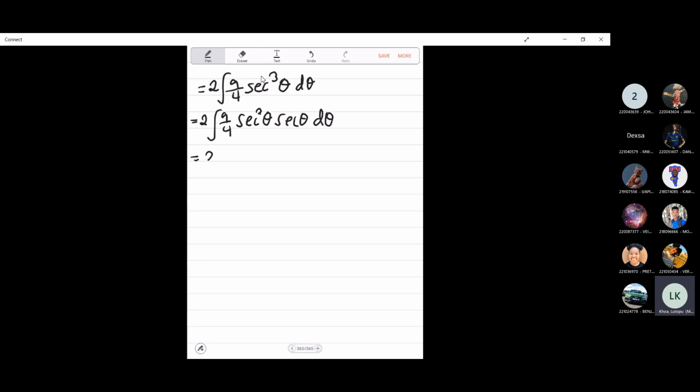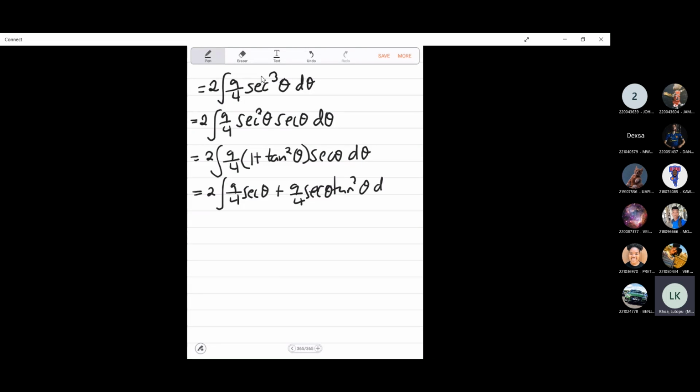And this is 2 integral 9 over 4, 1 plus tan squared theta, sec theta d theta, which is 9 over 4 sec theta plus 9 over 4 sec theta tan squared theta d theta.